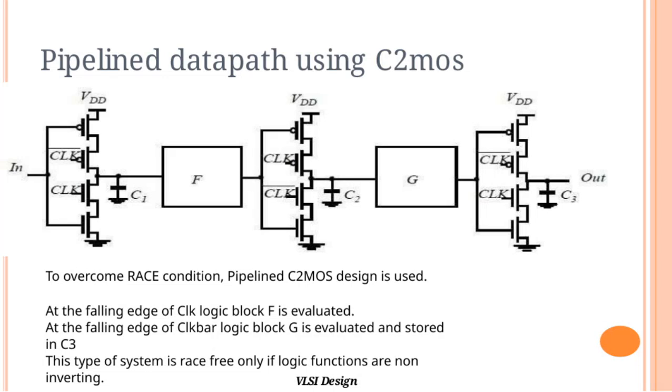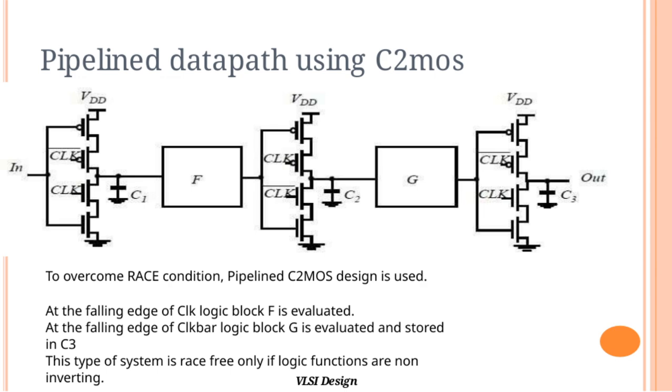Here, we are looking at a pipeline data path that utilizes C2 MOS latches. The main reason for using this pipeline C2 MOS design is to overcome race conditions, which can cause errors in timing and data integrity. In this design, the logic block F is evaluated at the falling edge of the clock signal, CLK. Then, at the falling edge of the complementary clock signal, CLK, the logic block G is evaluated, and its output is stored in the C3 latch.